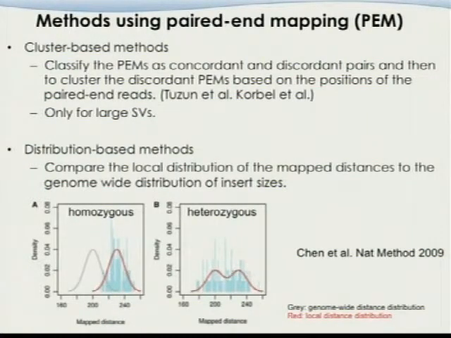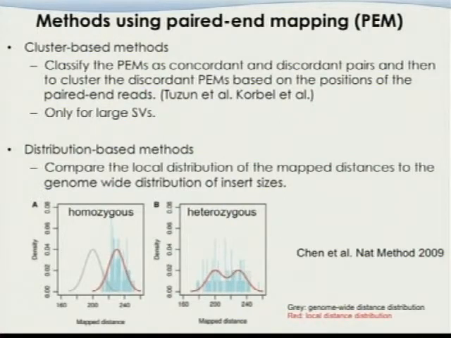So basically, you just count it out. If this part always has something pairing with another chromosome, this is more likely to be a translocation and things like that, right? And there are a couple of methodologies designed to help identify this. But these are really only for the large structural variations.